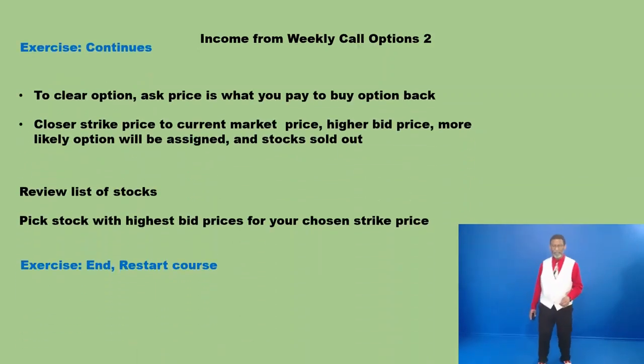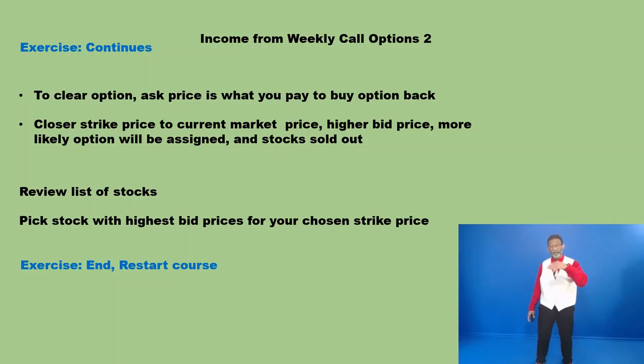And this is a continuation of the exercise. This also covers information relative to clearing, how you would clear an option. For example, if you clear it out, the ask price is what you would pay to buy the option back.